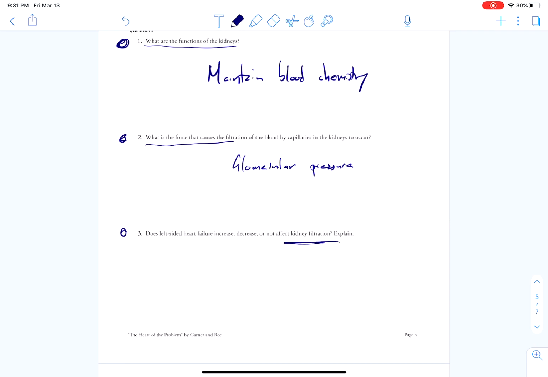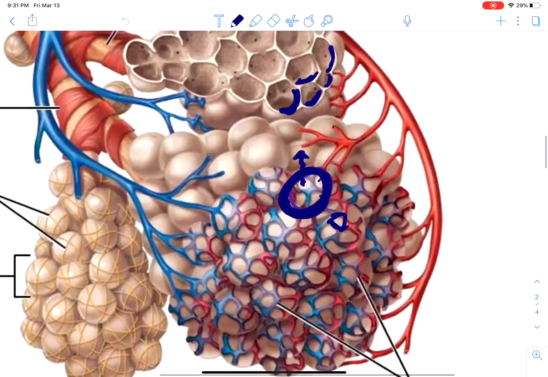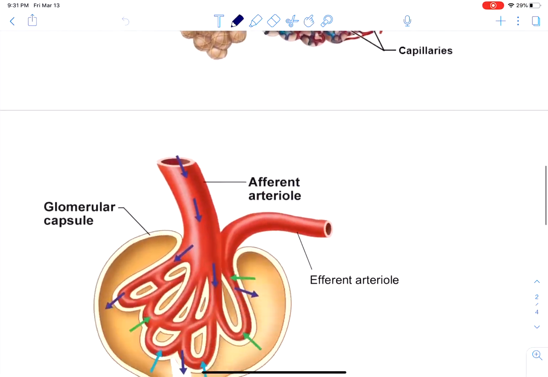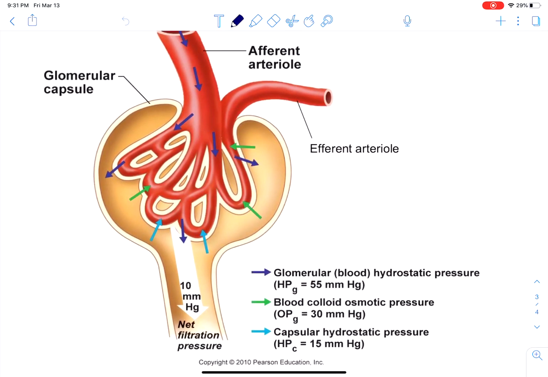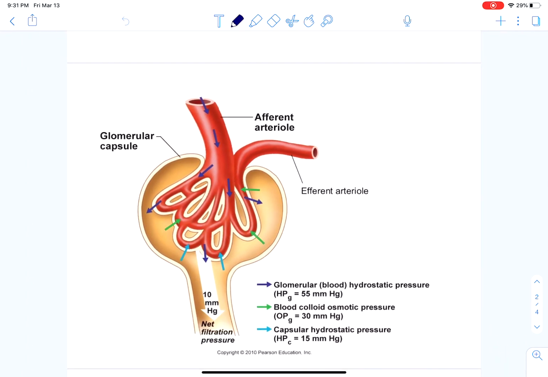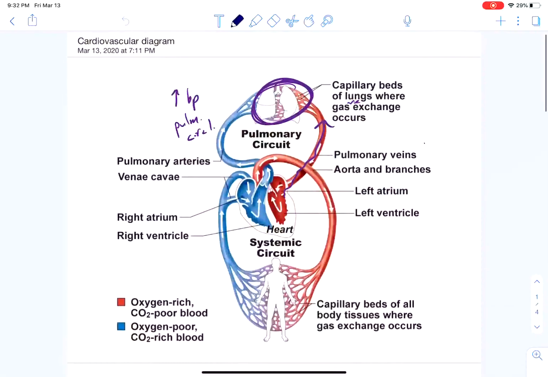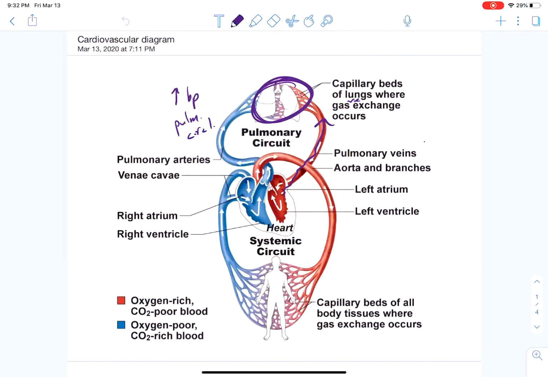So basically, what is this doing to the kidneys? Now we want to know how this mitral valve prolapse here is affecting the kidneys.